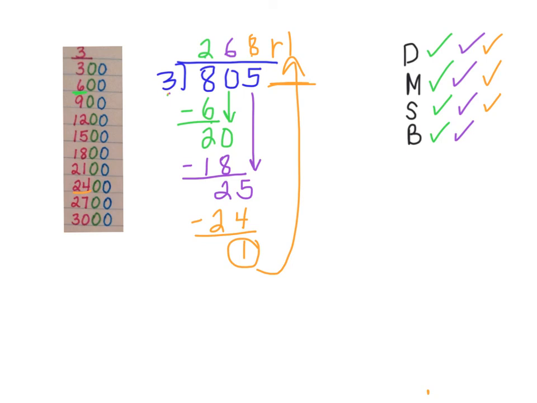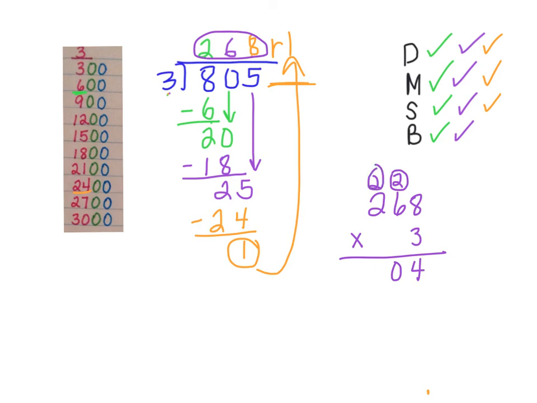Check my work. Start with my quotient, 268 times my divisor of 3. 3 times 8 is 24. 3 times 6 is 18, plus 2 is 20. 3 times 2 is 6, plus 2 more is 8.